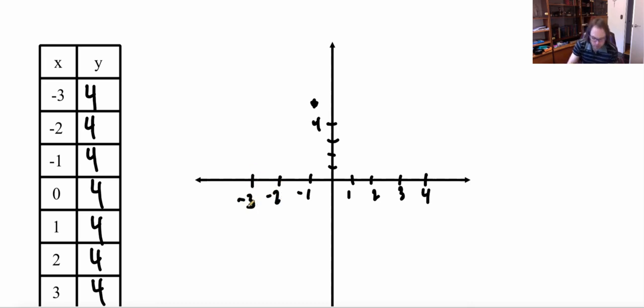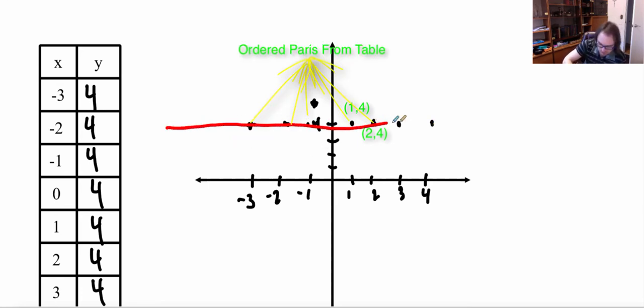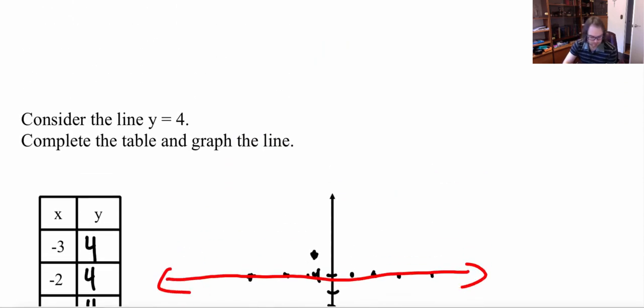And no matter what, I'm always going to be at 4. So all of my points here, if I put in my pairs, they're all going to be the y value at 4. So my graph for this one is going to look like this, which means this is a horizontal line at 4.